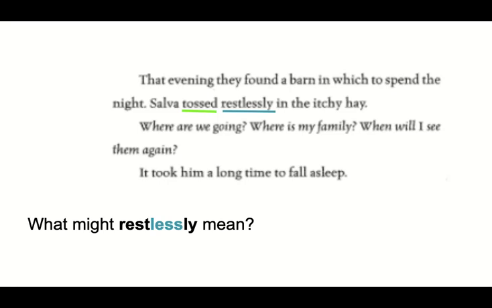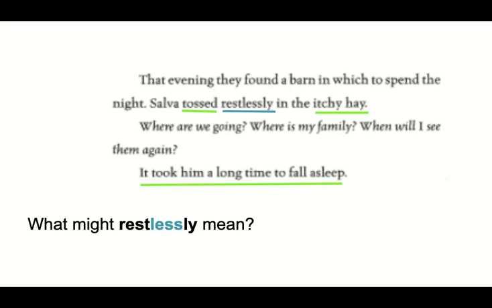We see that it's evening and they're spending the night. But Salva tossed, that doesn't sound very peaceful. And then the narrator mentions itchy hay. Both of these clues make it feel like he's really uncomfortable. Then we see at the end of the passage that it took him a long time to fall asleep. So whatever restlessly means, it seems bad or uncomfortable.